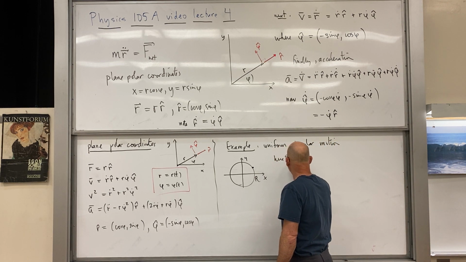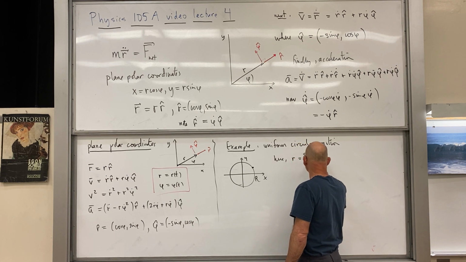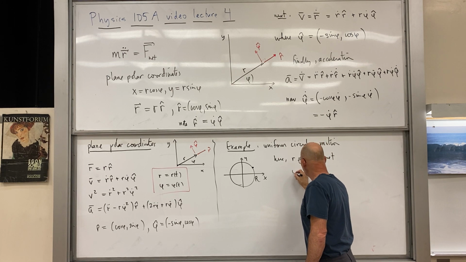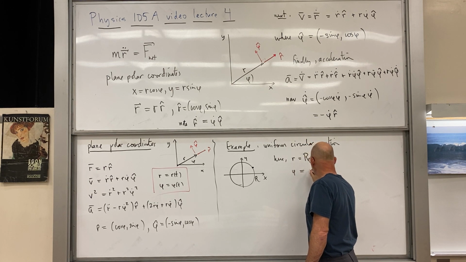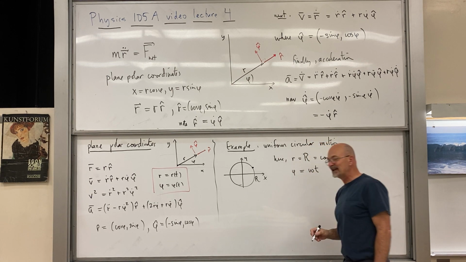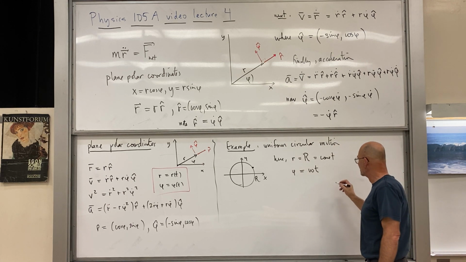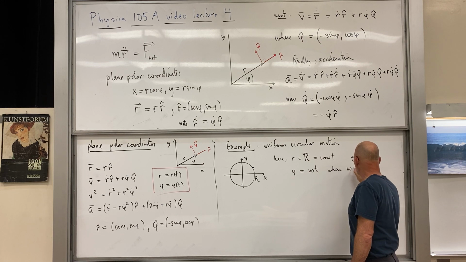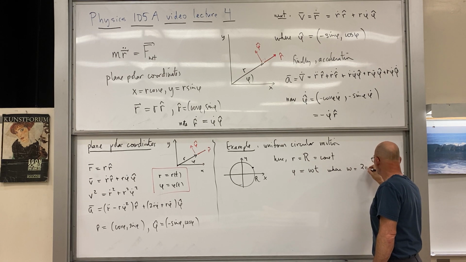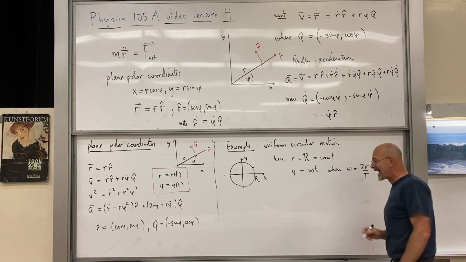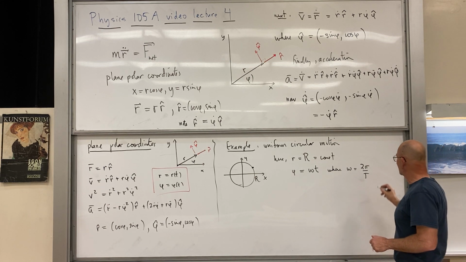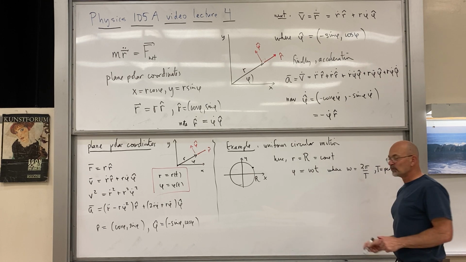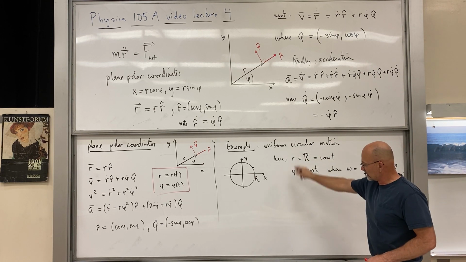Here, r is equal to capital R is constant, and phi, since this is uniform, is just going to be equal to omega t. Where omega is equal to 2 pi over capital T, where T is the period, the time period of one go around the circle.